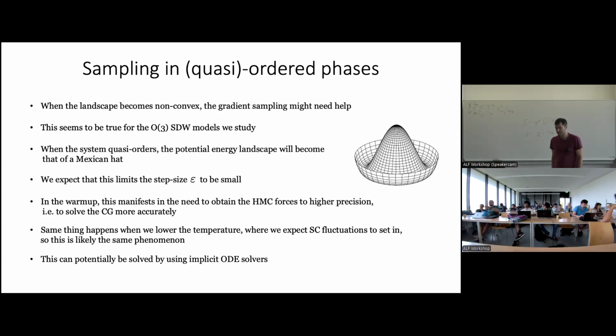If you are on the left side of the Mexican hat, you would have to make small circles in the X direction, while on the side facing us, you would have to make much smaller circles in the Y direction. So is this mass matrix dynamic enough to adapt to where you are in the configuration space, or how is this treated in general? Does the question make sense?